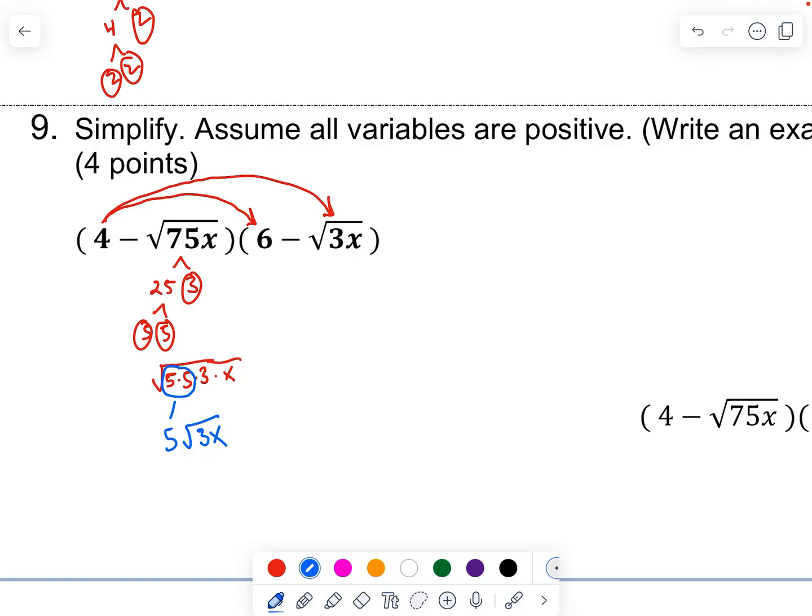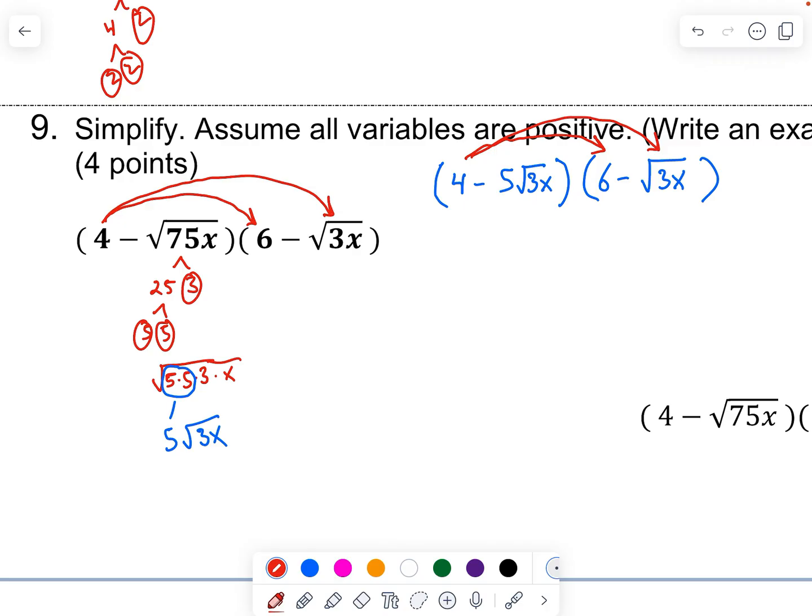So I'm going to rewrite this as 4 minus 5 square roots of 3x times 6 minus square root of 3x. Now I'm going to start distributing. I'm going to distribute that 4 with both terms in the other binomial.